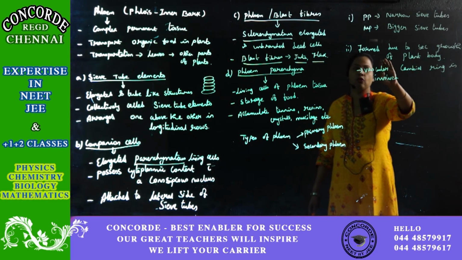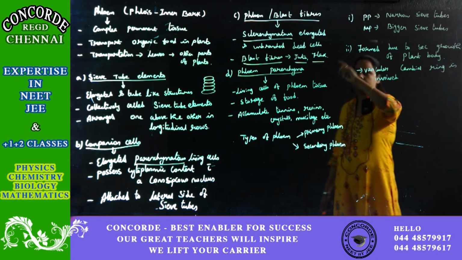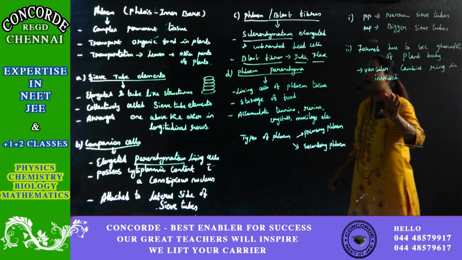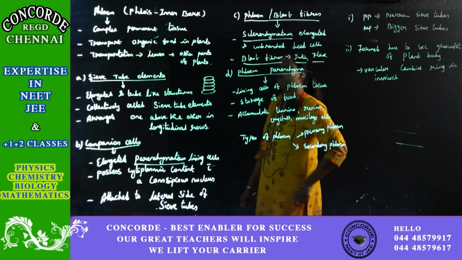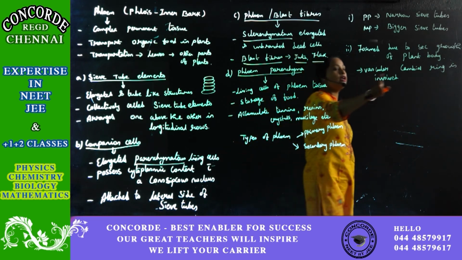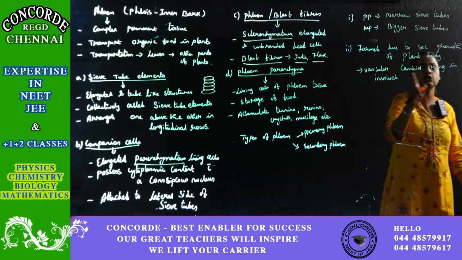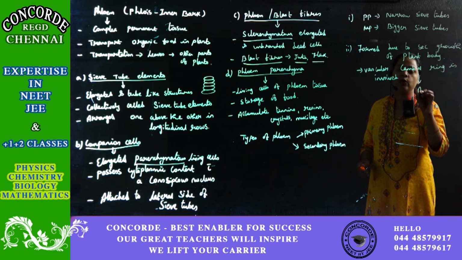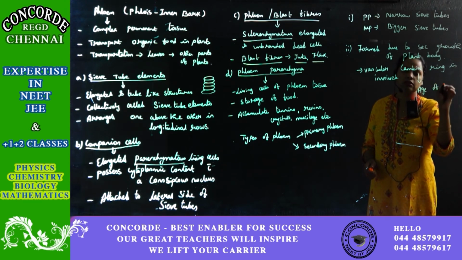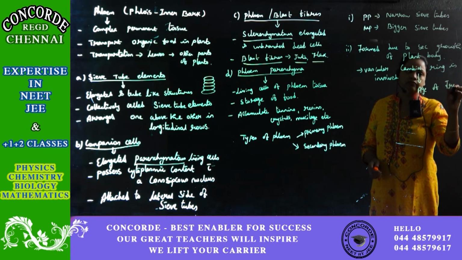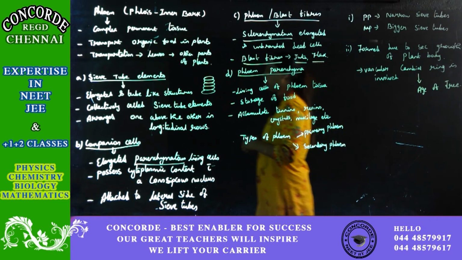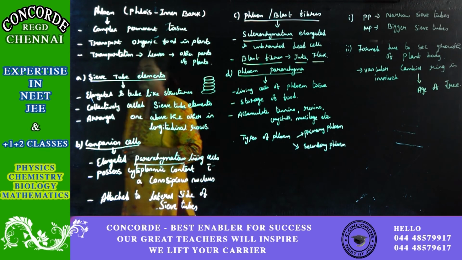This secondary phloem is just like the secondary xylem. It is formed after the secondary growth of the plant body. But this secondary phloem will have a vascular cambial ring. Based on this vascular cambial ring, you can find out the age of a tree.